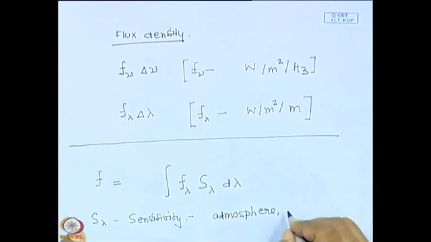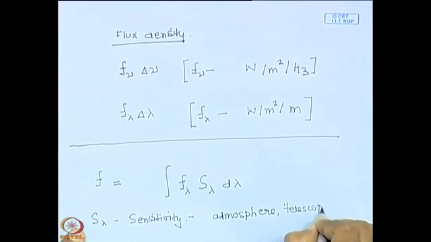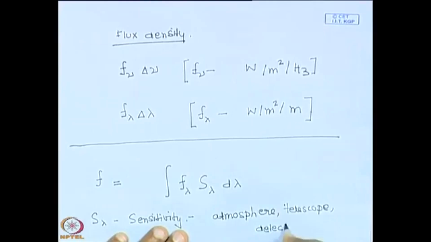Then it also includes the telescope. The telescope may not respond equally to all wavelengths, so that is there in the sensitivity, and also the detector, the final instrument that measures the amount of radiation, may not have an equal wavelength response.